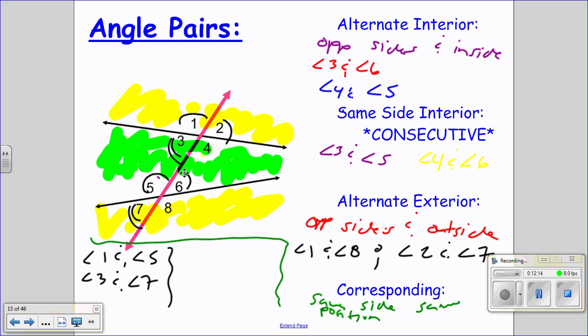Angle 6 is to the right and above. So those two will correspond. And then angle 4 is on the right and below. Angle 8 is on the right and below. So those two will correspond. So again, corresponding angles are same side, same position.